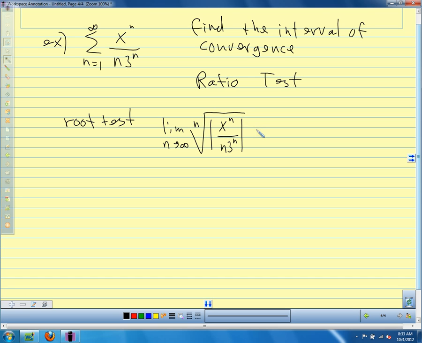And what do we want our limit to be for the root test? Less than 1. So we're looking at the limit as n approaches infinity, the nth root of x to the n. So we just end up with 1 over the nth root of n.